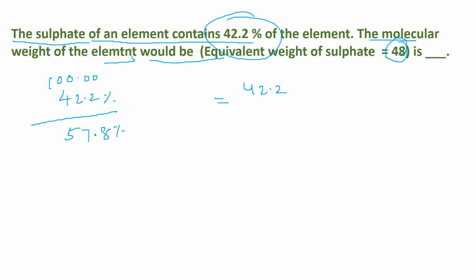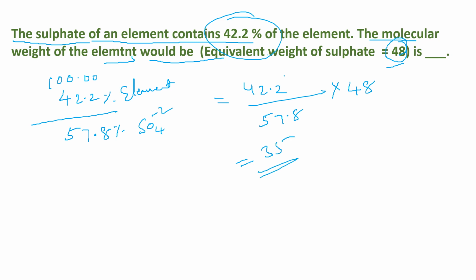In the problem, this is the element mass, and here you will get the sulfate mass. So the mass of the element divided by the sulfate weight, that is 57.8, into the equivalent weight of sulfate, that is 48. Then what will you get? You will get 35. So the equivalent weight of the element is 35, like this.